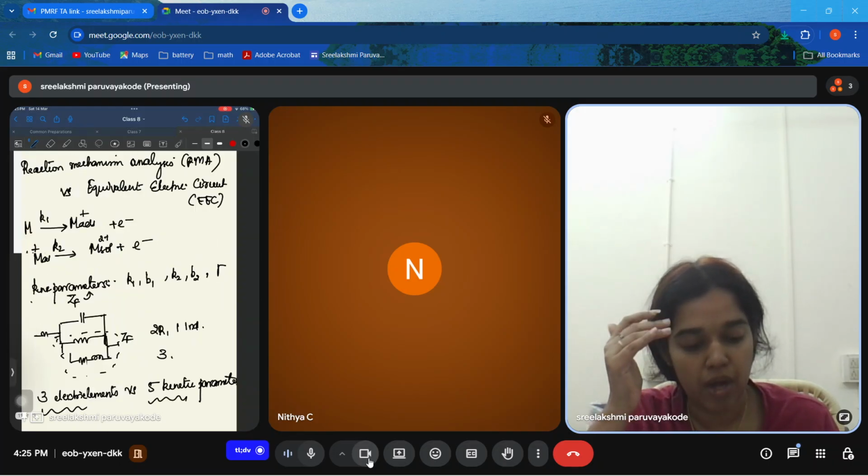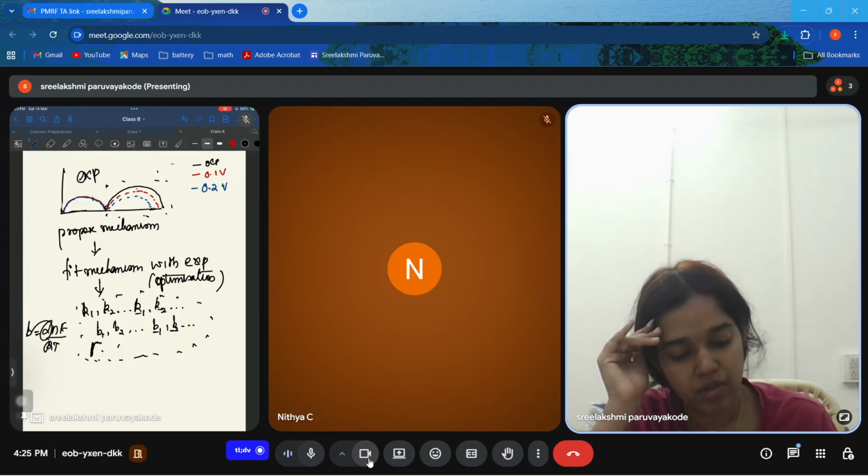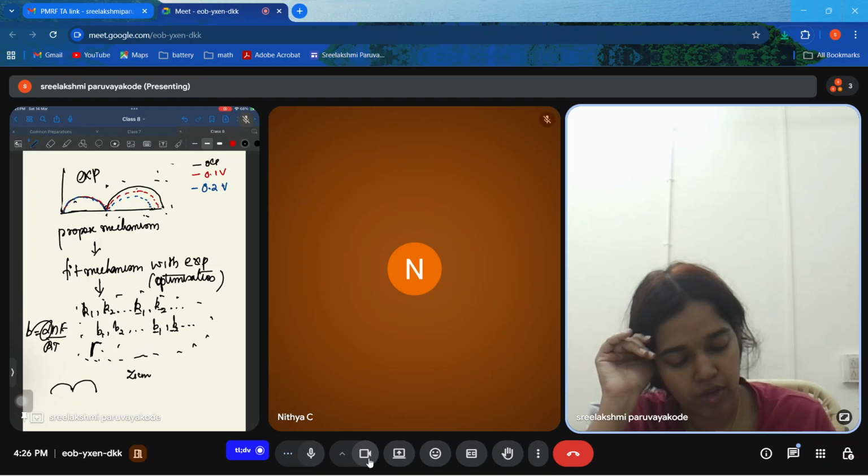So what does electric parameter mean? I have a circuit like this. Let me take the example of the first, the black one. When I try to fit it in the ZSimpWin software, it will give me some set of values for C1, R1, etc.